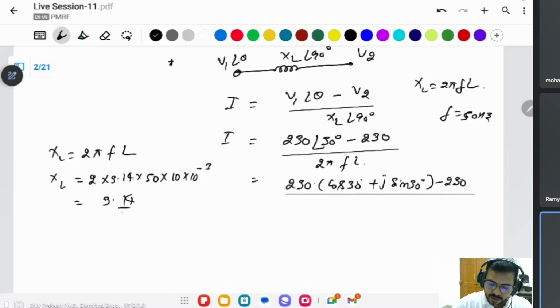So 3.14 only. I think this one will be 37.91 at an angle of 105 degrees.